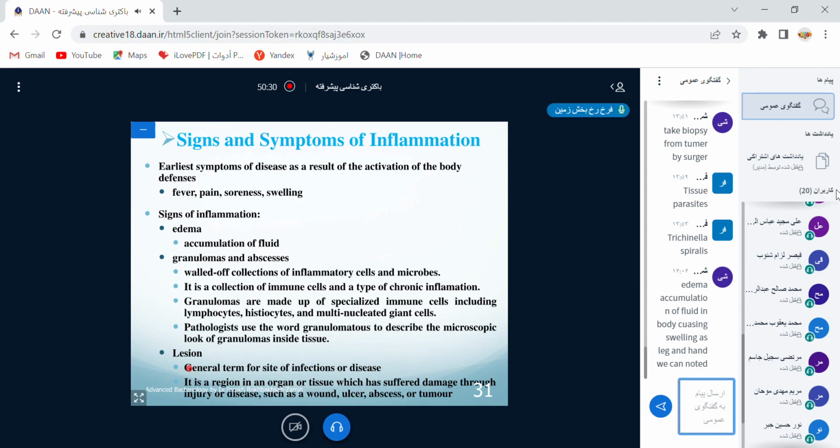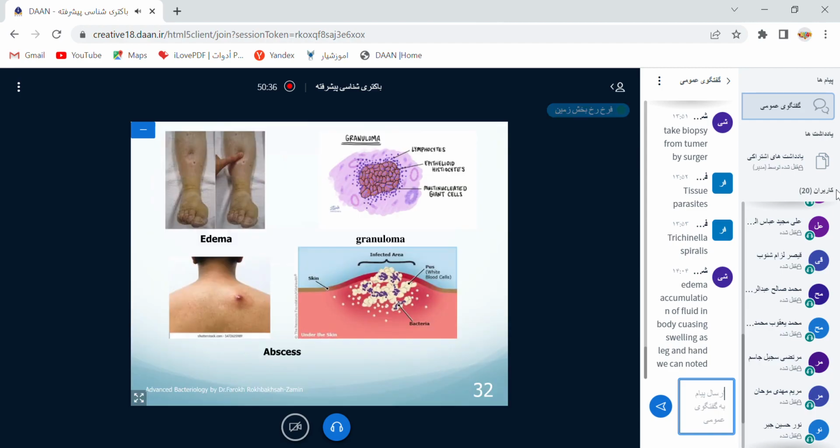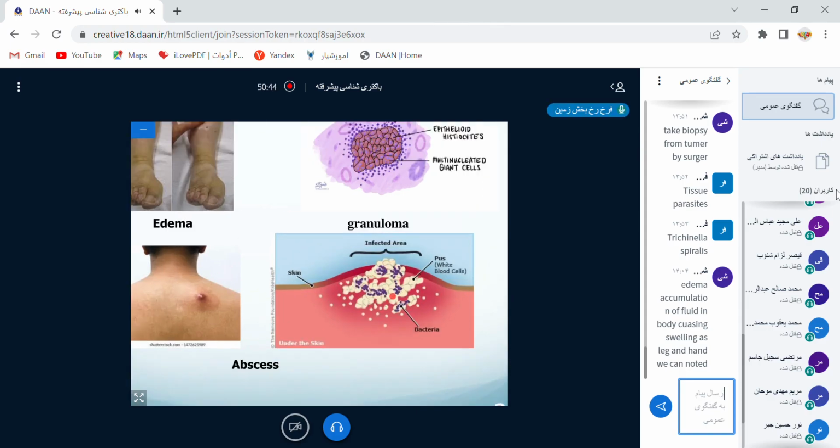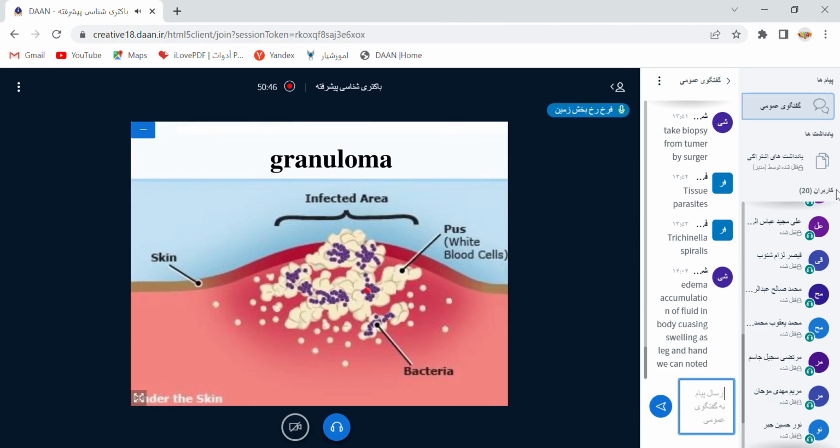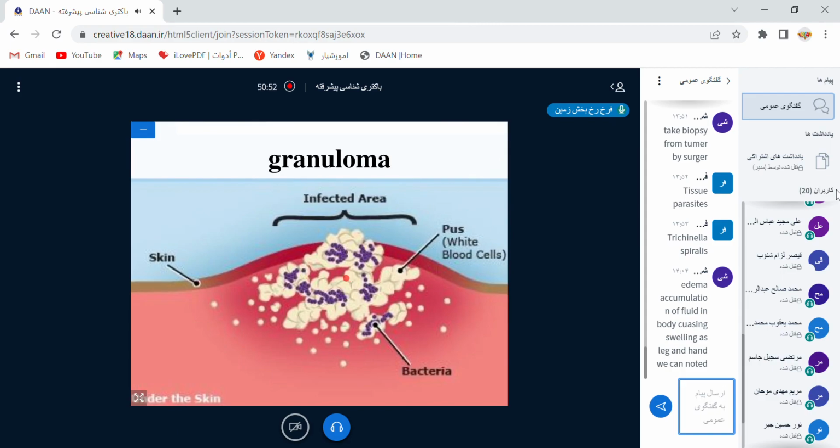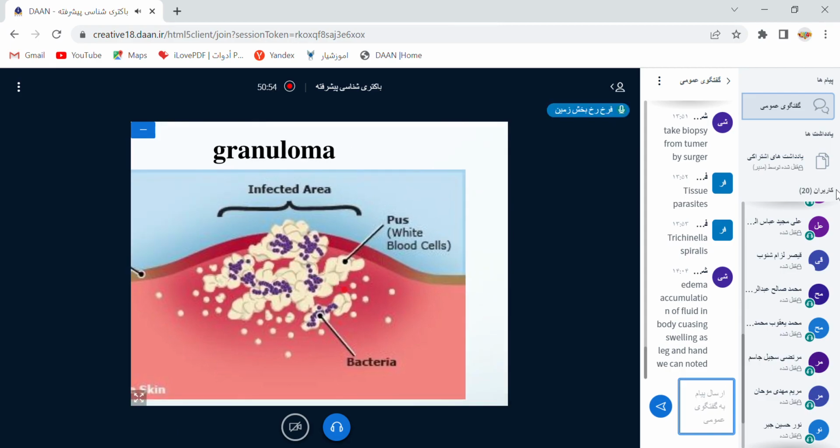Another thing, an abscess: if the lesion expands to the surface, you can see it on the skin, with the presence of pathogenic bacteria as well as immune cells.